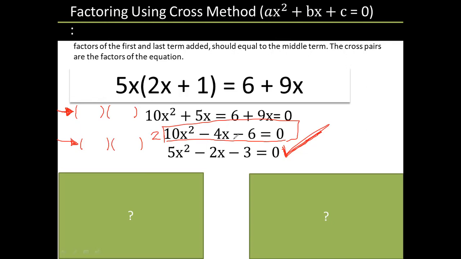So do not forget to use the cross method, okay? Do not forget to use that one. So that you take out the factors of 5x squared, 5x and x. And then find the factors of negative 3 so that you can get the second term, which is negative 2x. All right.